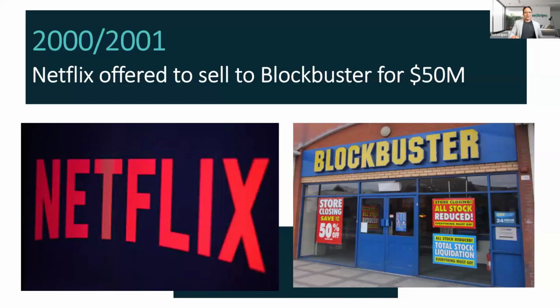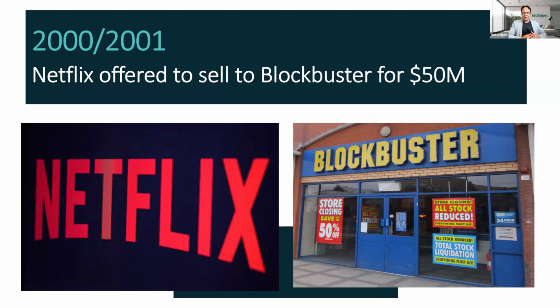And you may remember Blockbuster. We'd go to Blockbuster and get these videos, and they were doing so well. Netflix was a fledgling small business that was trying to do stuff. They couldn't operate.